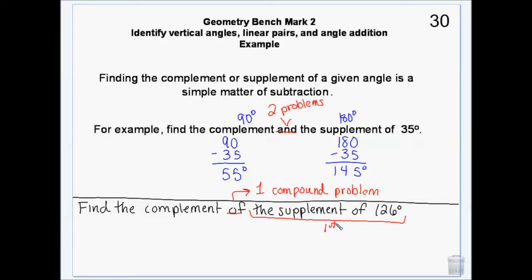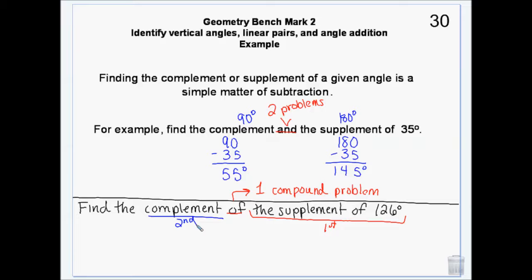And then I take the answer from this part. So you find the supplement first? And then I take the answer from this part, and then I find the complement of that. Because I'm trying to find the complement of the supplement. So first I have to find the supplement, and then I find the complement. So I do the second half first, and then the first half second.